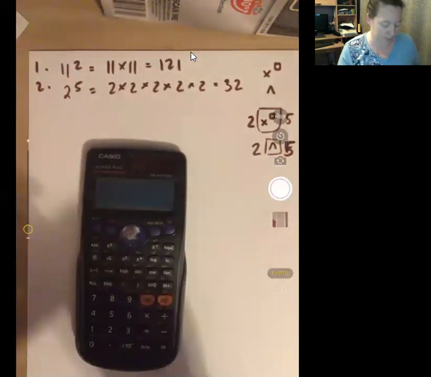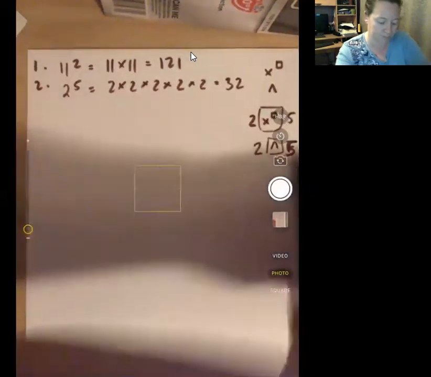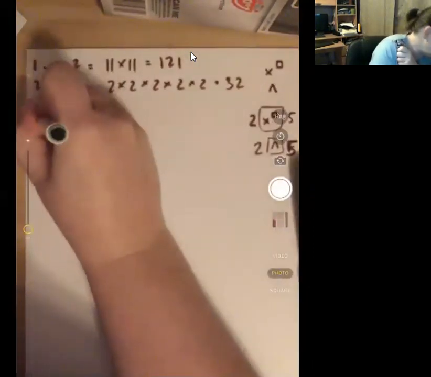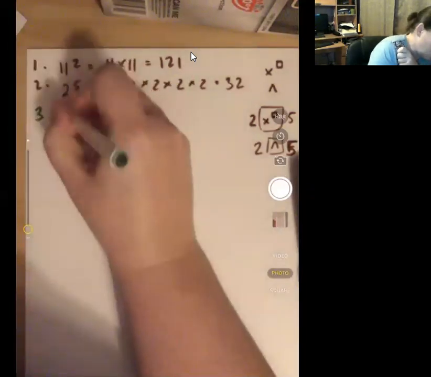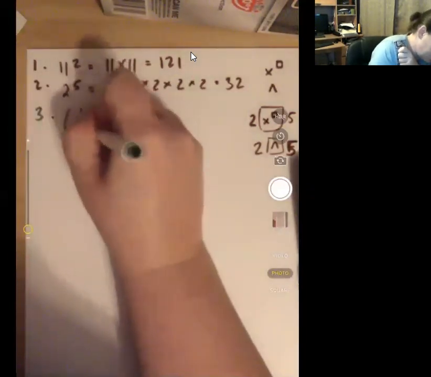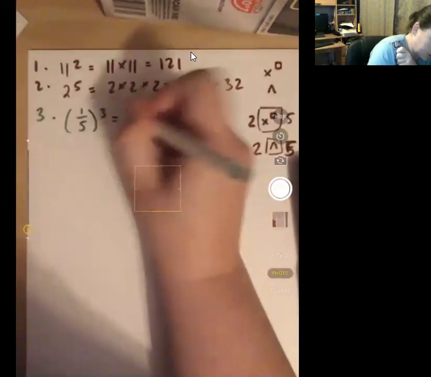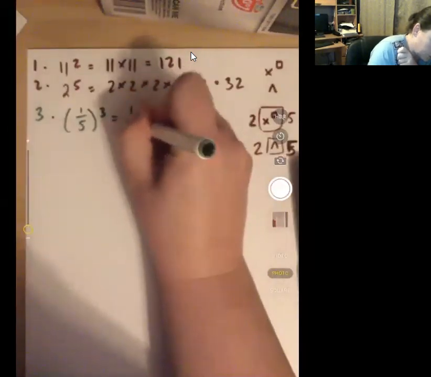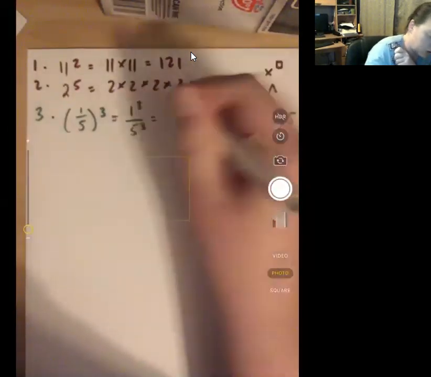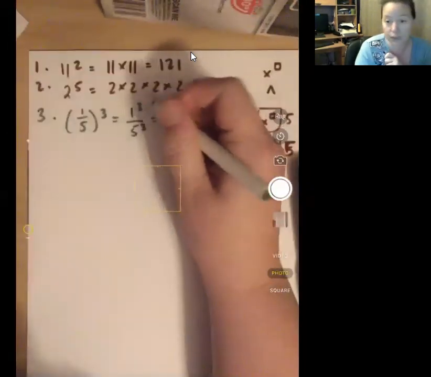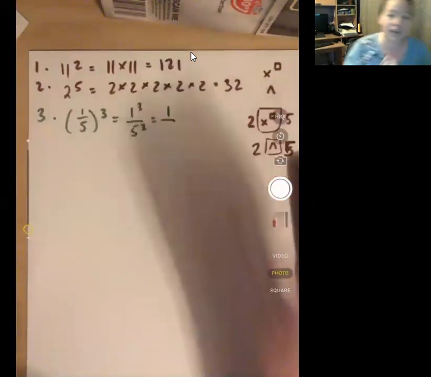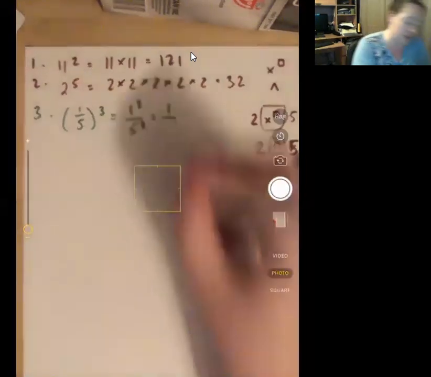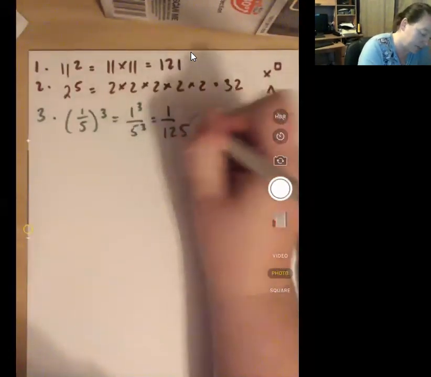Number 3. 1/5 to the 3rd. So it's 1 to the 3rd over 5 to the 3rd. 1 to the 3rd is 1 times 1 times 1, which is 1. And 5 to the 3rd is 5 times 5 times 5, which is 125.